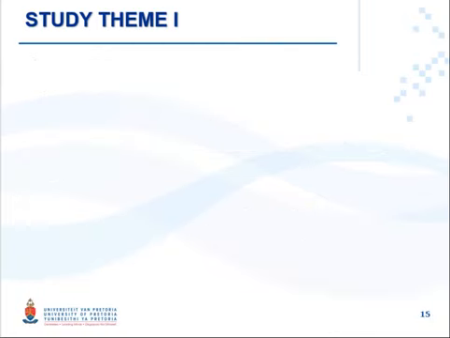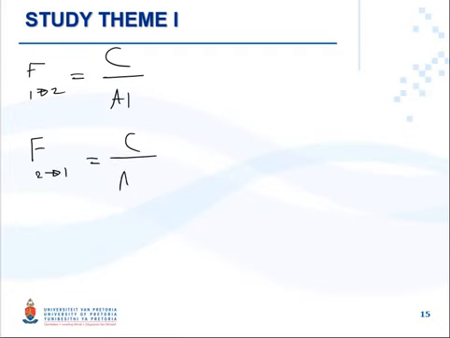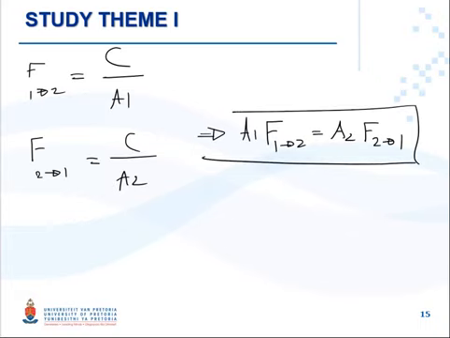Next we can write F1 to 2 is equal to C over A1, and F2 to 1 is C over A2. So from these two we can say that A1 F12 is equal to A2 F21. That's the reciprocity rule.